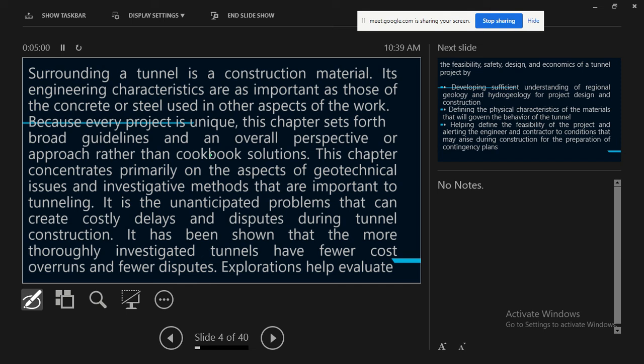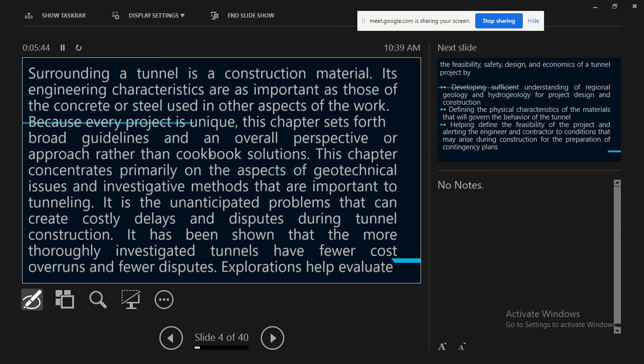Remember what we said about the Kirsch solution: it looks quite good, but in fact, it doesn't agree with what is seen in practice, because the assumptions used to derive the formula are based on homogeneous, grade 1, very strong rock. But in reality, this is often not the case. This is why we are saying this is not a cookbook. What we are teaching you is not something you take and apply to every project. Once you understand the knowledge, you must assess every project on its own merit.